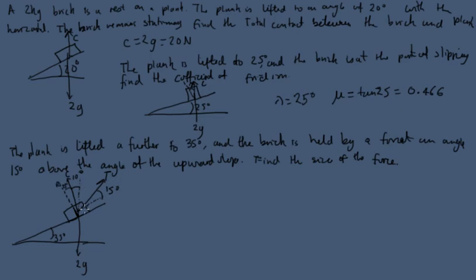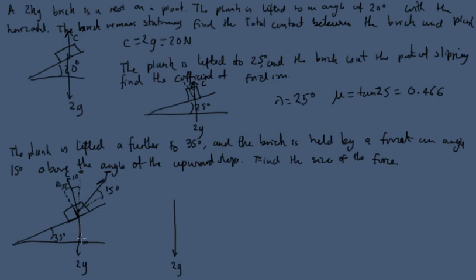Now what we're going to do is take the forces C, T and the weight, and put them into a force diagram. So we've got down here our 2g, our weight.